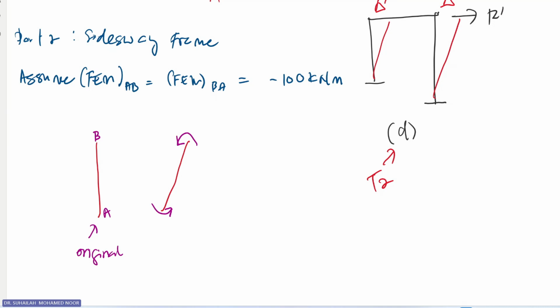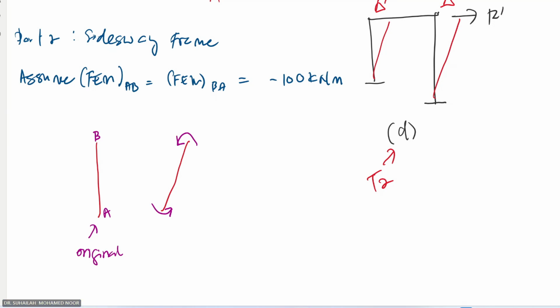So for the fixed end moment, we will apply the moment to push back point A and point B so that it goes back to the straight, vertical position. So we have to apply moment counterclockwise for both AB and BA.